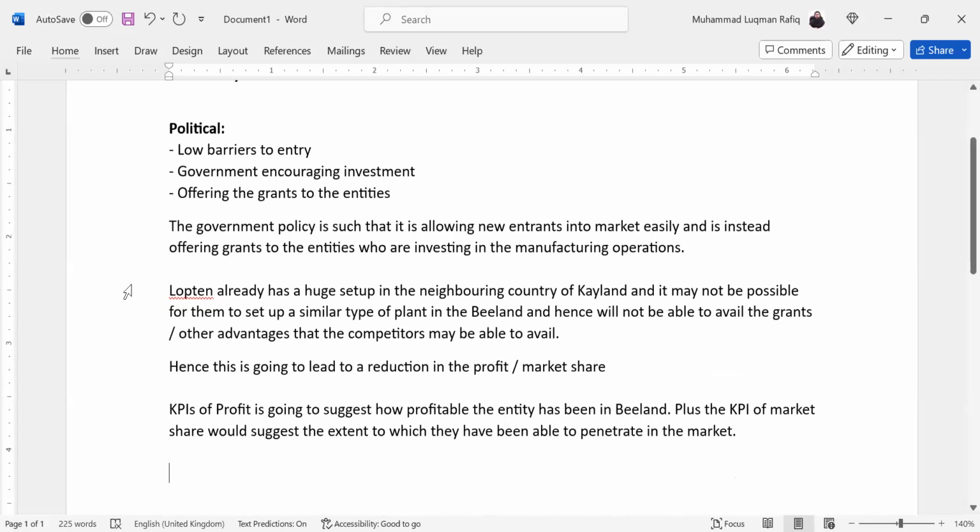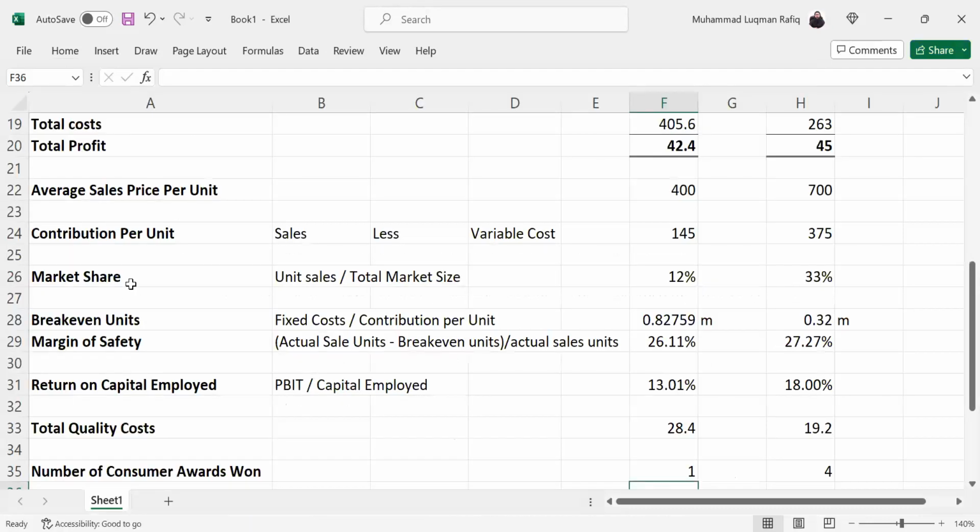Do you think any other KPI would be relevant for this political aspect?